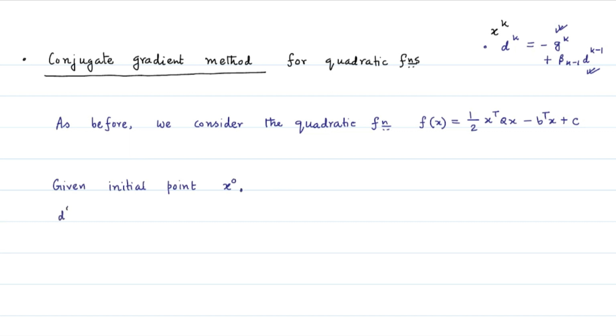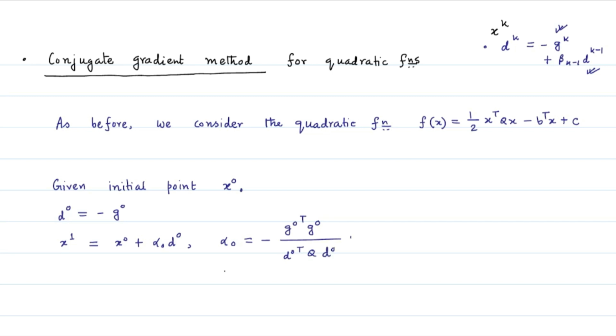That is, we take the direction as the negative gradient of the function f at the point x0. And after finding this d0, we go for computing the next iterative point x1 given by x0 plus alpha 0 d0, where this alpha 0 is given by the exact line search, and hence the expression g0 transpose g0 divided by d0 transpose Q d0.